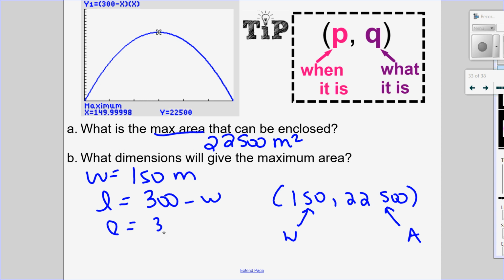So the length is 300 minus 150, meaning that the length is also 150 meters. So the dimensions are 150 meters by 150 meters to give it that maximum area. So remember, with the vertex, the y-coordinate is what it is. What is the max? What is the min? The x-coordinate is when does it happen?